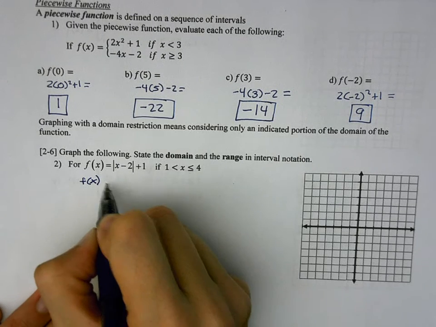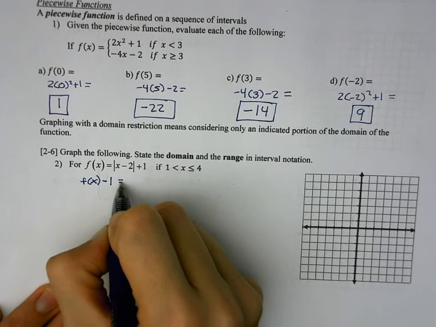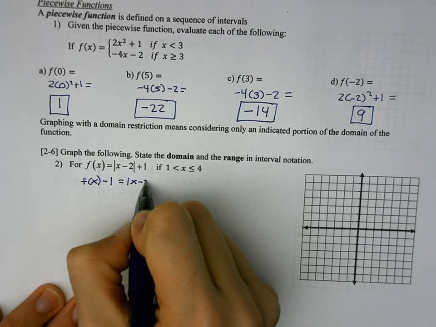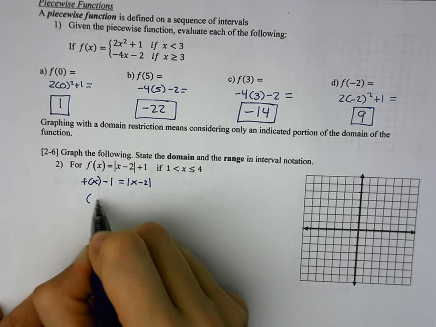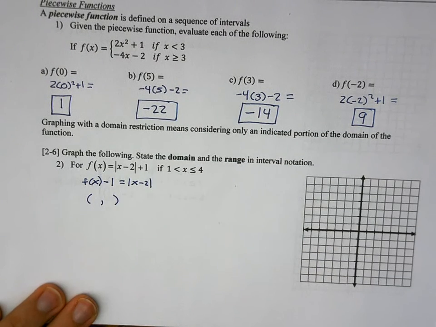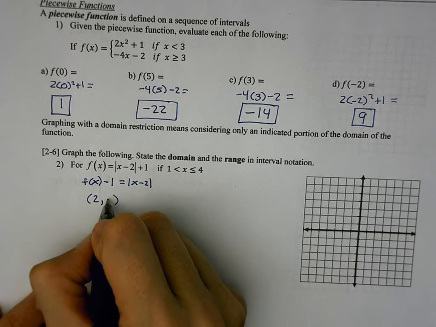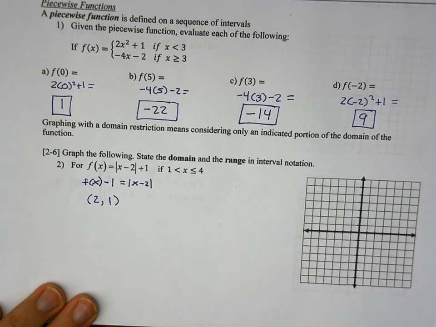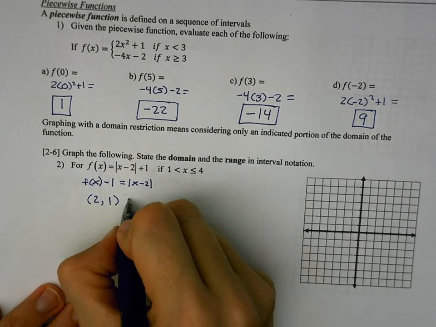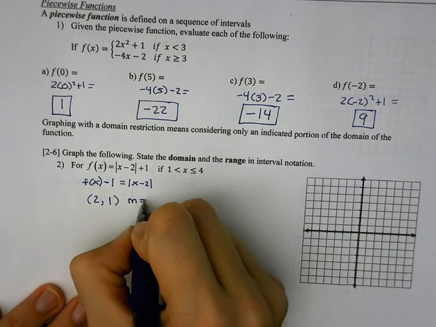So let's go ahead and turn this into its descriptive form, subtract the 1 over to the other side. And what would your starting point be? Well, your starting point would be 2 for x and 1 for y. And then we have a slope here of 1.